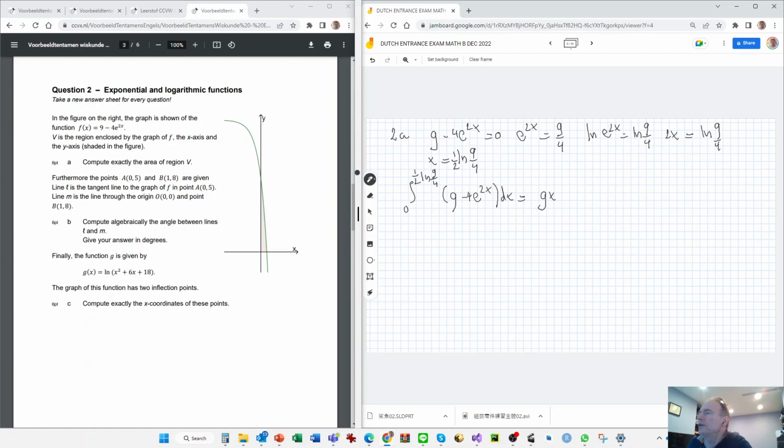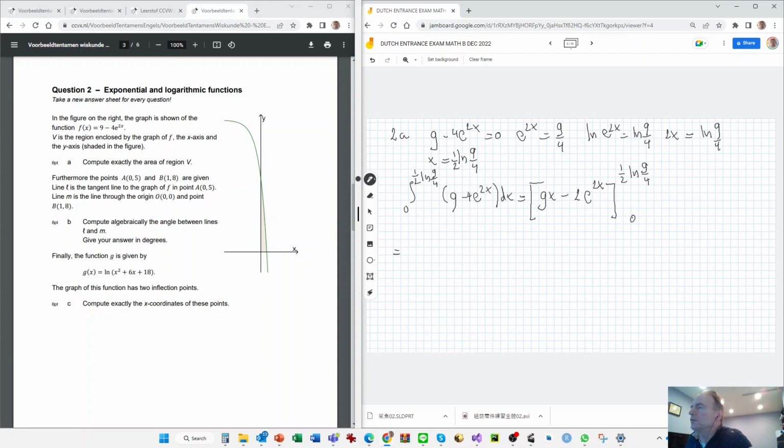Need to divide this 4 by that, so you get minus 4 over 2. Well, let me just write that as 2 e to the power 2x, and then evaluate it between 1/2 log 9 over 4 and 0.